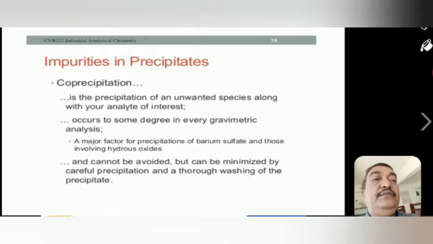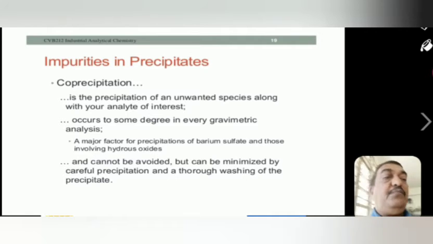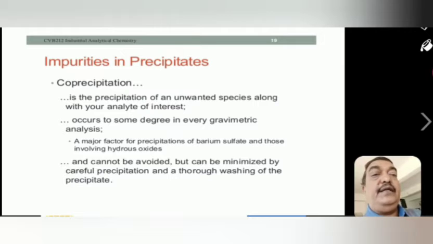Then impurities in precipitates. Generally, whenever we carry out the addition of a precipitating agent to the solution, precipitation occurs, no doubt. But if there is some impurity present in the electrolyte, that is, the precipitating agent, then co-precipitation occurs. Co-precipitation means the side reactions of the formation of other precipitates rather than the needed one.